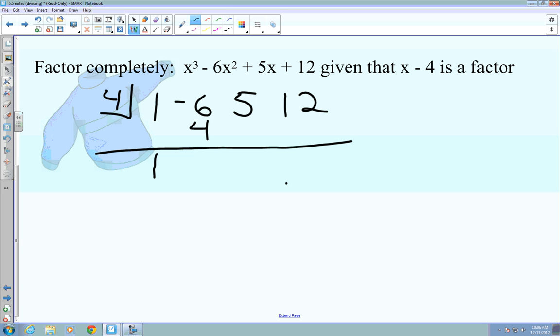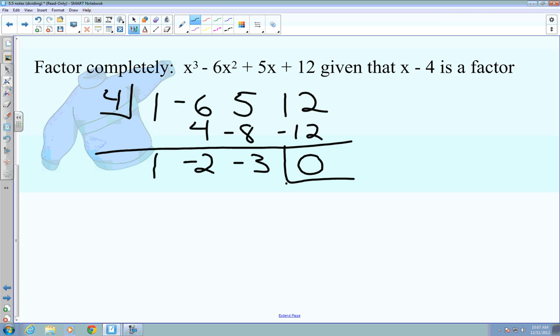Negative 6 plus 4 is negative 2. 4 times negative 2 is negative 8. 5 plus negative 8 is negative 3. 4 times negative 3 is negative 12.